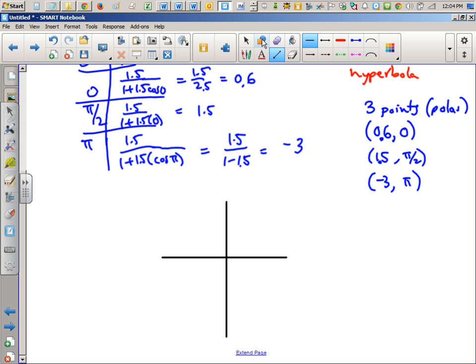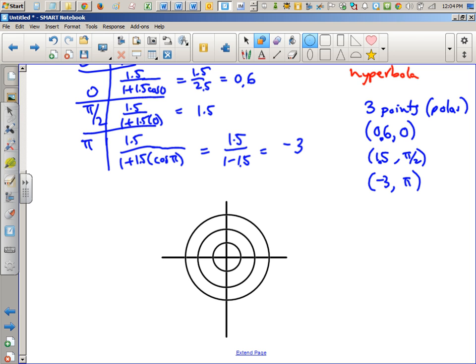You're supposed to use these circles, right? Okay. So let's see here. 0.6, 0 would be like right here. 1.5, pi over 2 would be right here. Ooh, careful here. Negative 3, pi. That means if you go over here to pi, you don't want to actually go to the 3rd circle. You want to go to the negative 3rd circle. So is my point over here? No, it's on this side, isn't it?